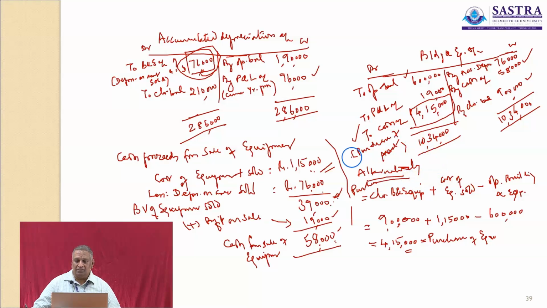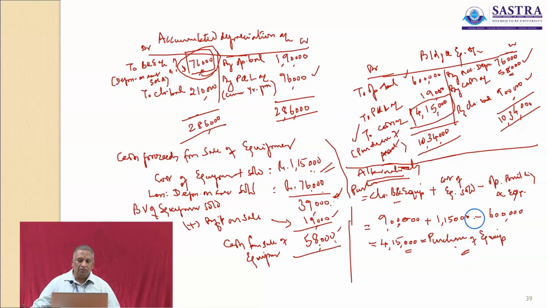This is the alternative. Alternatively, you can do it like this also. If you are not comfortable with the ledgers, you can simply compare the closing balance of building and equipment with the opening, and add the cost of equipment sold, which will give you the equipment purchased. So there are two methods by which you can calculate the purchase of additional equipment, because every purchase involves a cash outflow and every sale involves a cash inflow.